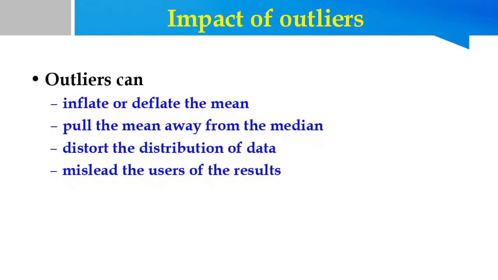If outliers are present in your dataset, they can inflate or deflate the mean. For example, if your variable is measured on a Likert scale of 5 points, 1 to 5, and an outlier is present, and the value of the outlier is 55, naturally your mean value of that variable will be inflated grossly.